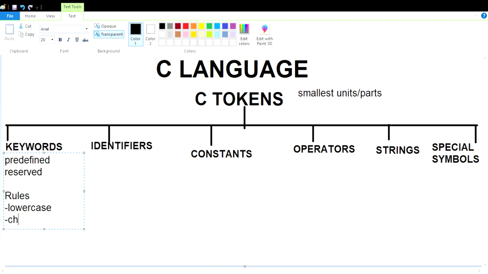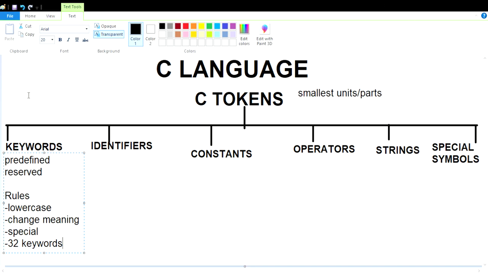Second, we should not change the meaning of a keyword. However it is, we have to use it the same way. And special symbols like comma, full stop, exclamation marks are not allowed in keywords. And the last one: totally there are 32 keywords in the C language.